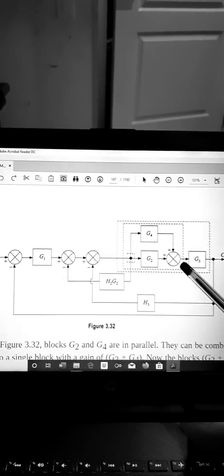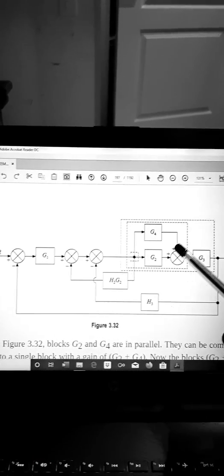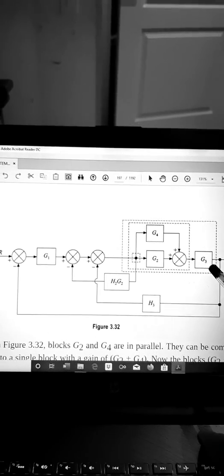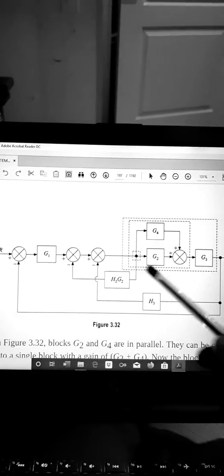Now this can be simplified easily. These two forward paths, both are plus, so you can add them, and then that is multiplied by G3. Everything can be reduced into a single block.